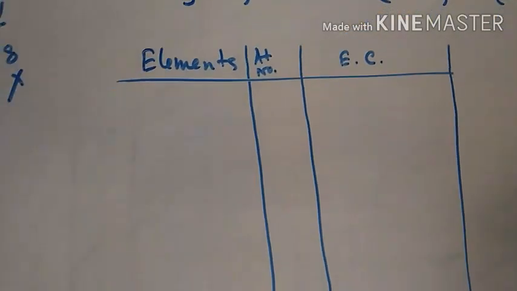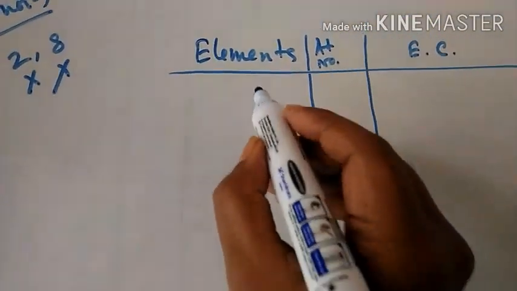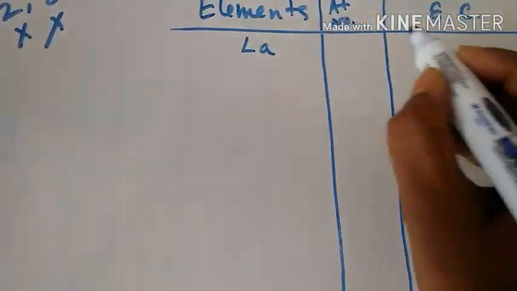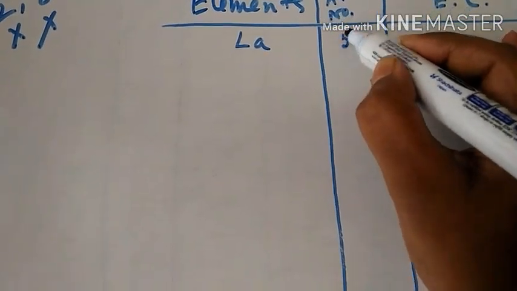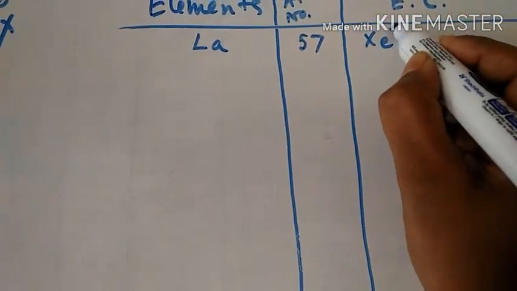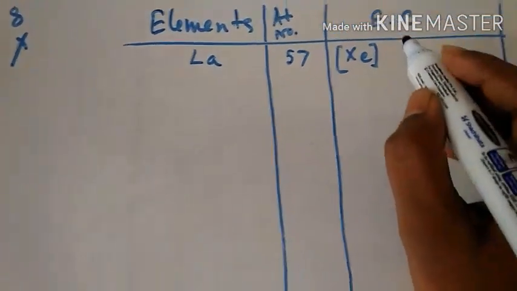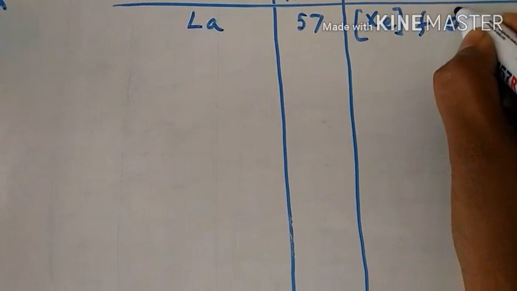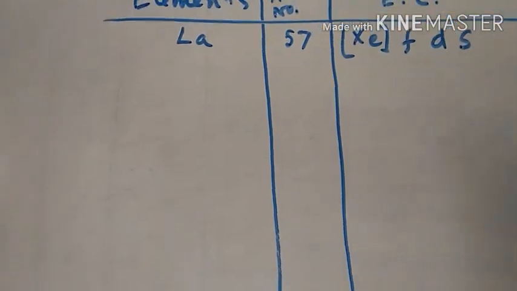Now if we start from here, say for example, first element lanthanum, its atomic number is 57, and then we can write xenon which is 54, and then we'll write the F electrons, D electrons and S electrons like this. So what will be the S, D and F?